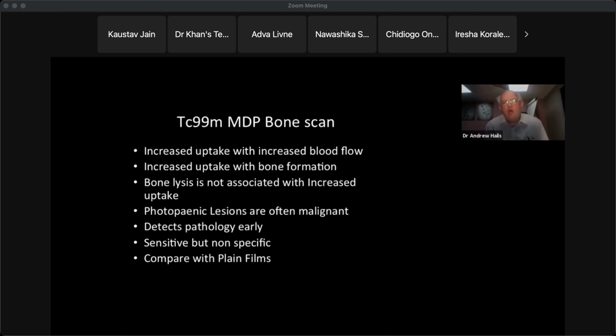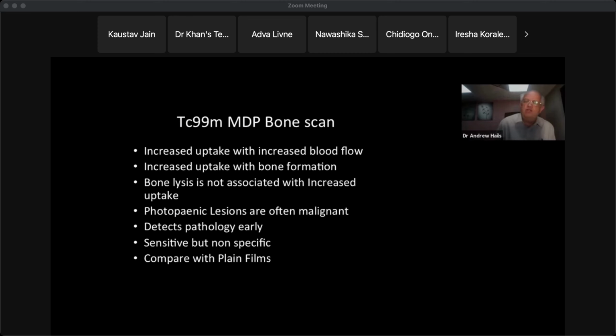So, what does a bone scan show? Well, basically, it's not a simple story. Increased uptake goes with increased blood flow. So if you've got vascularity, as in cellulitis, for example, you'll get increased uptake. Also, it occurs with bone formation rather than bone destruction.